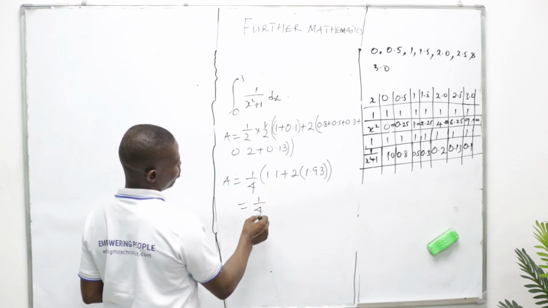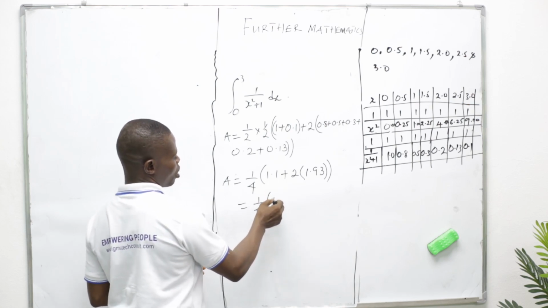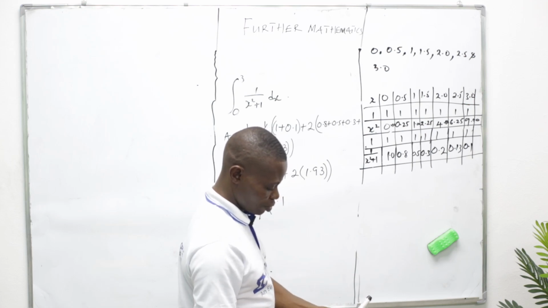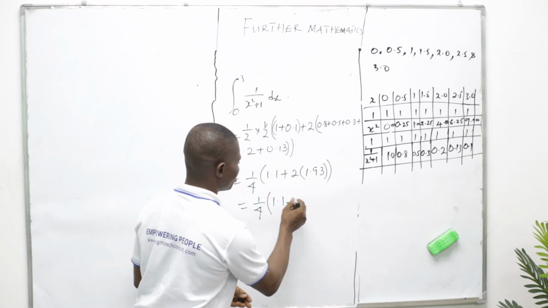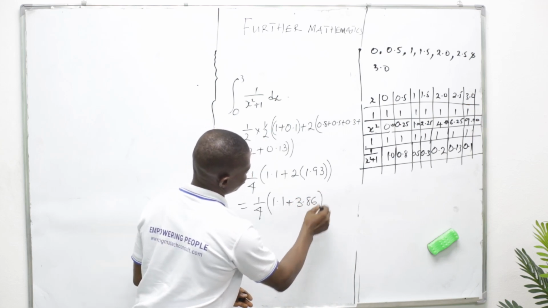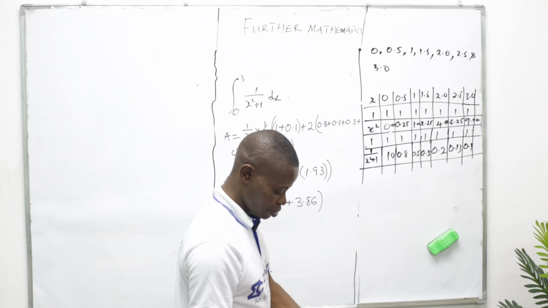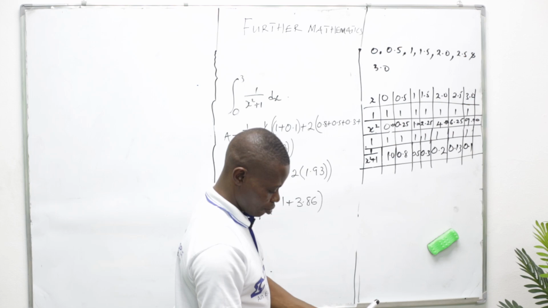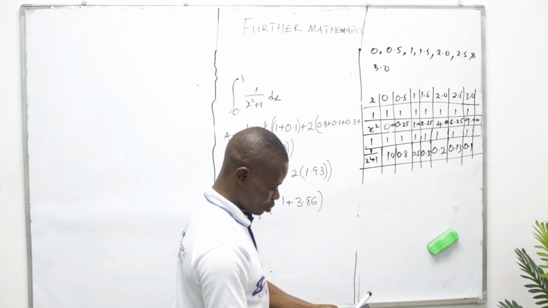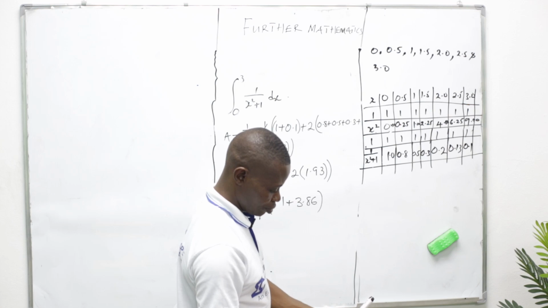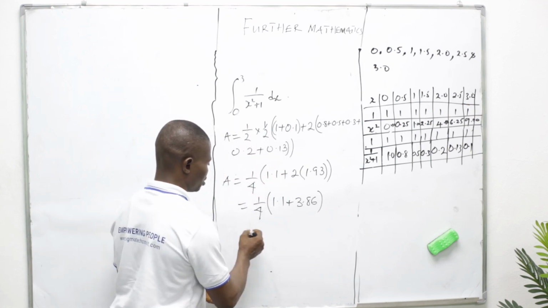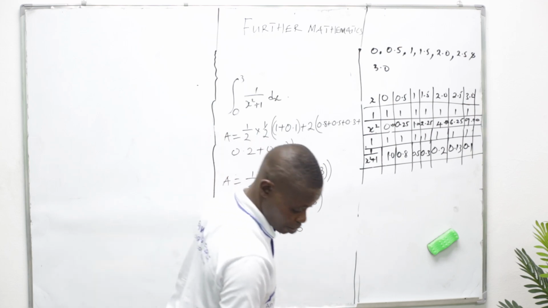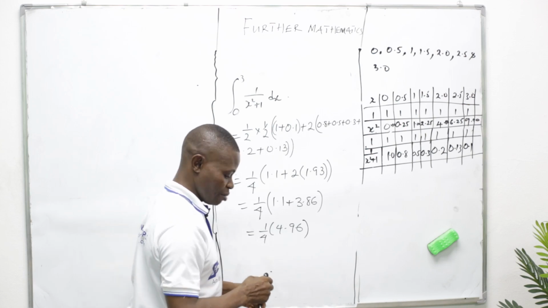This is 1 all over 4 into 1.1 plus 2 times 1.93, which turns to 3.86 plus 1.1, 4.96. 4.96 divided by 4.